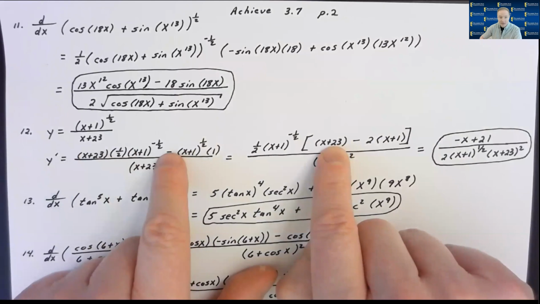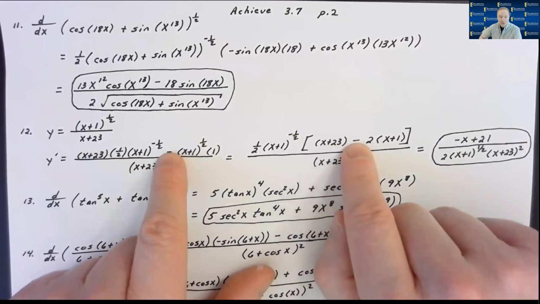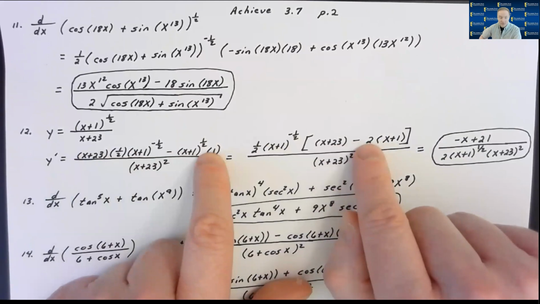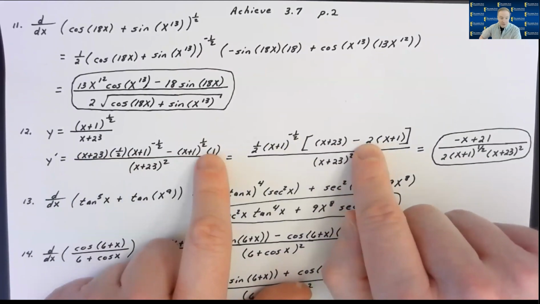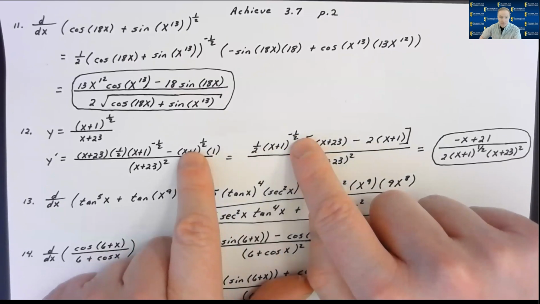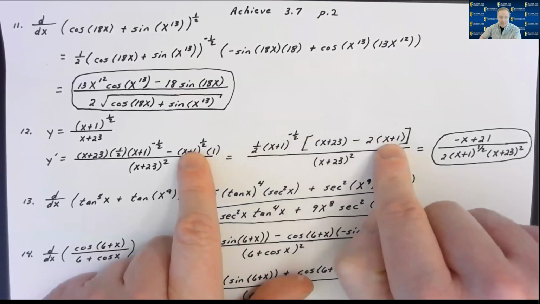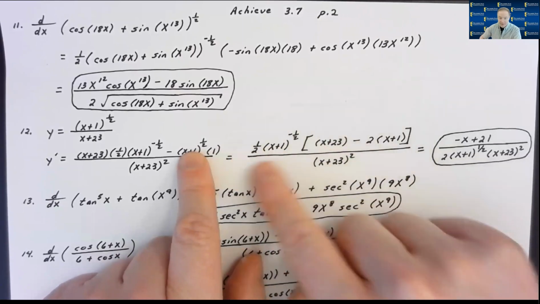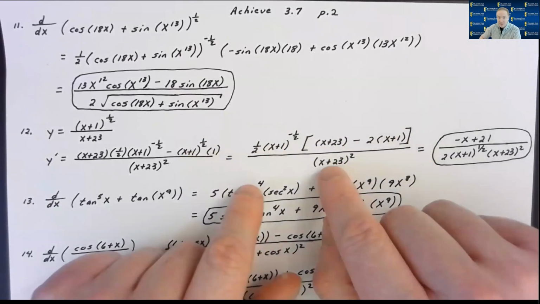Now, the second term, minus, well, if you factor a 1/2 out of a 1, it's going to leave you with a factor of 2. And if you factor x plus 1 to the negative 1/2 out of x plus 1 to the 1/2, you're left with x plus 1 to the first, for a gorgeously nice solution.